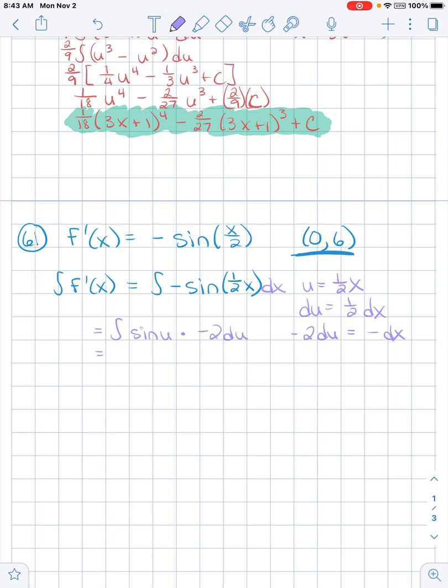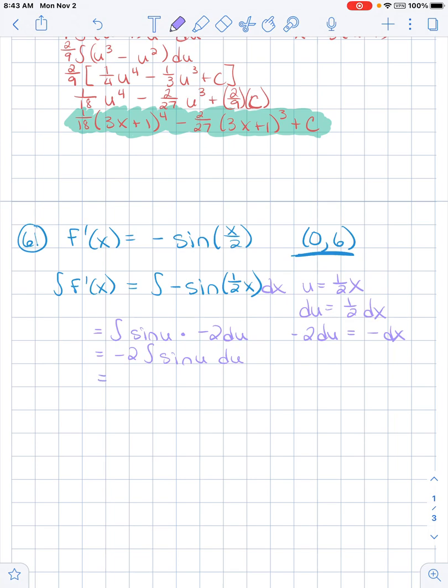I'm going to pull the -2 out as the coefficient. The antiderivative of sine is negative cosine, so this becomes +2 cosine u plus a constant.